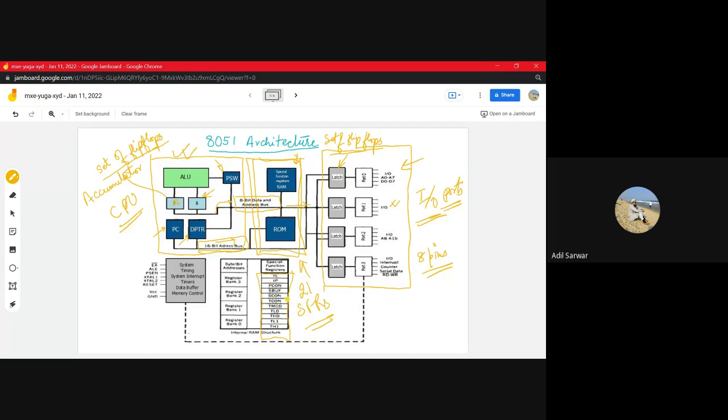We have specific SFRs for interrupts, for timers. Then for serial communication, SBUF, SCON. Okay, and IE for interrupt, and all of them are located in register banks from bank 0 to bank 3.